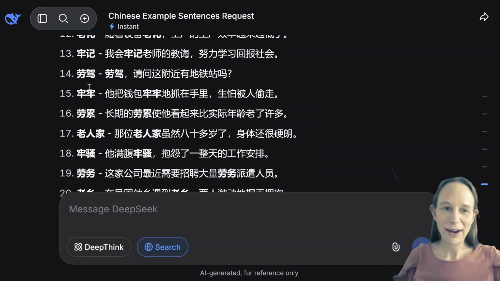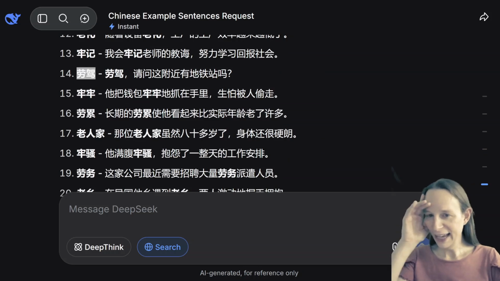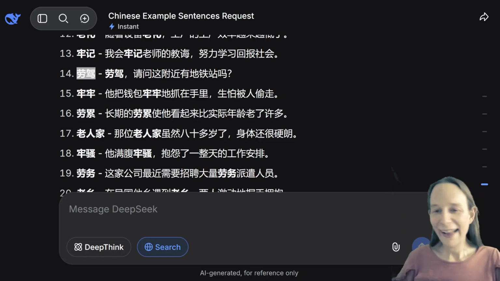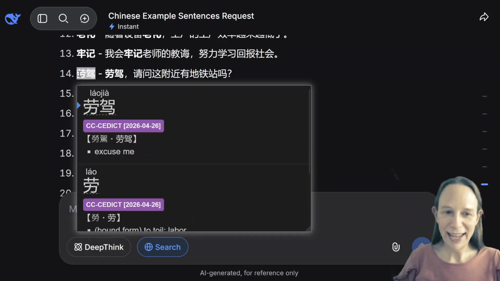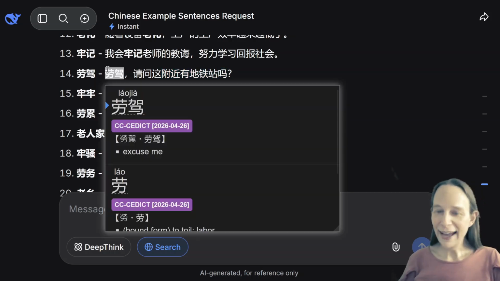All right, 劳驾. Yeah, as far as I know, this is just like, excuse me, and some people say 劳驾. There's 20 other ways of saying it. 劳驾，请问，这附近有地铁站吗？ Yeah, I usually just go 不好意思 or 打扰你 or something like this.